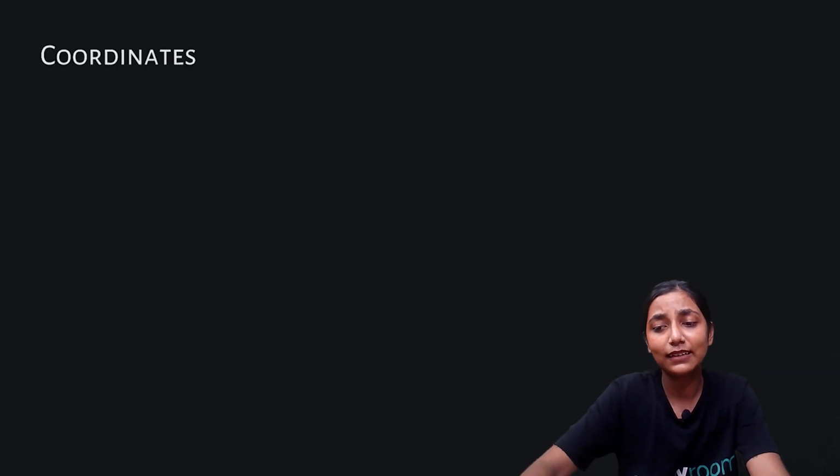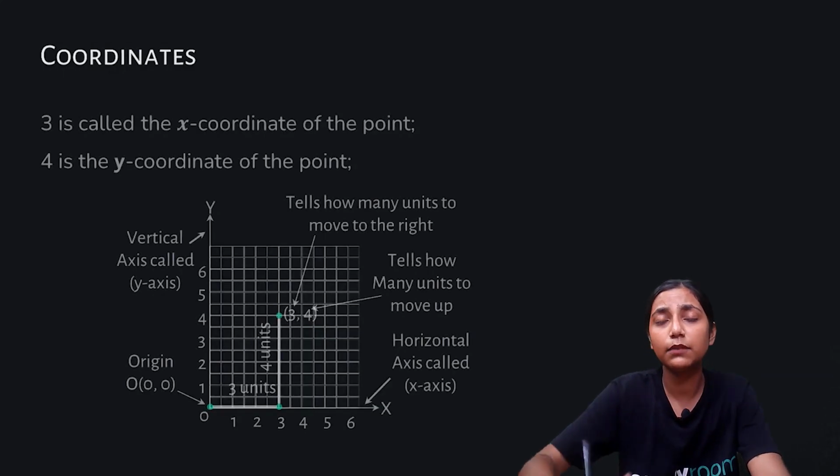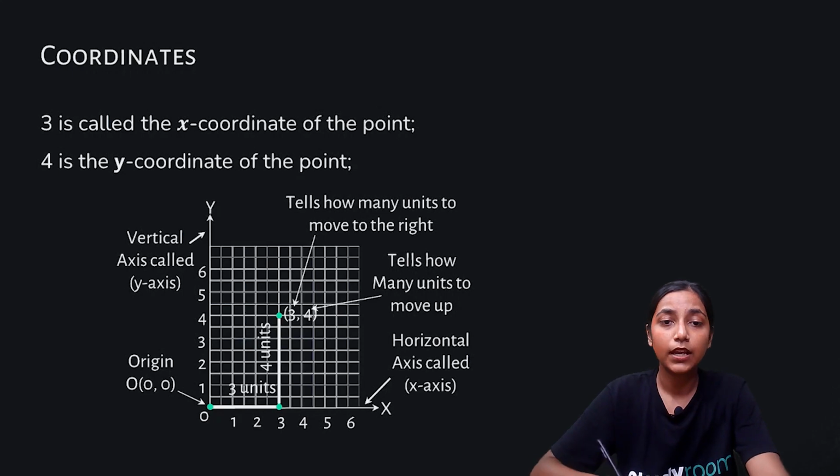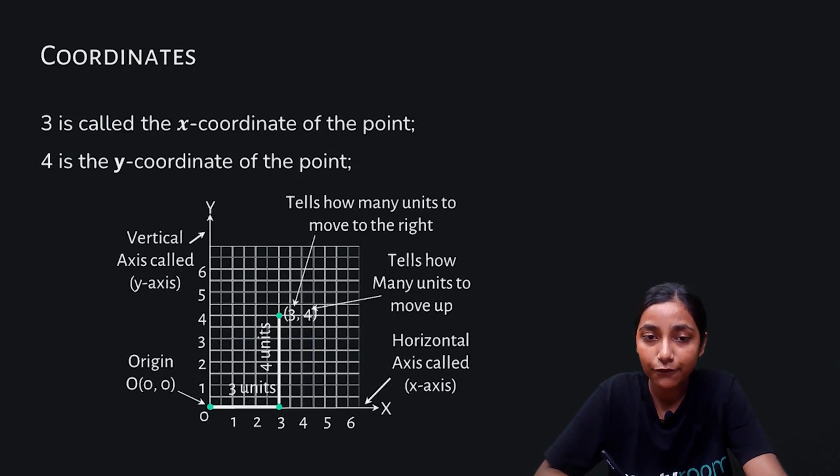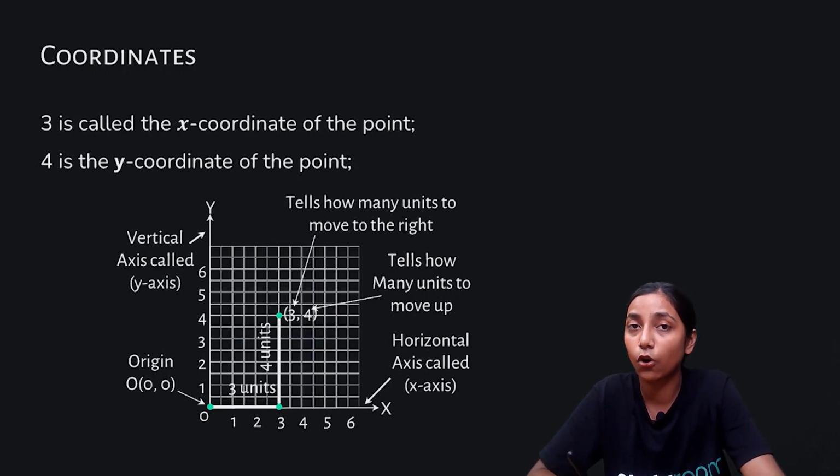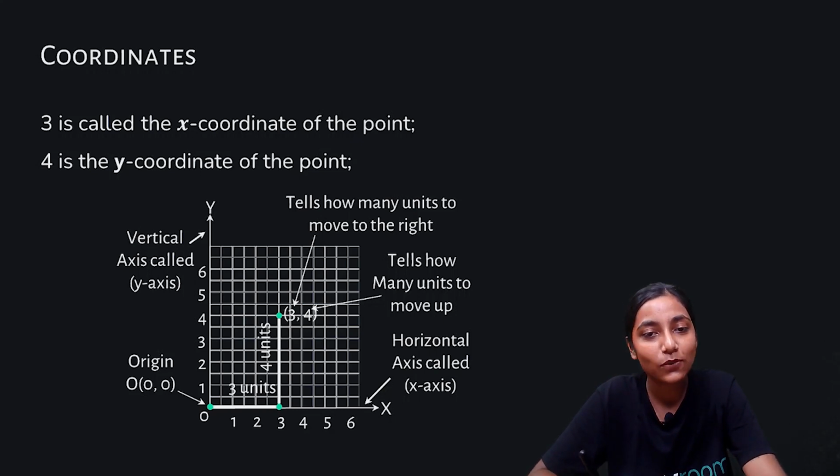Now let's move further and see more about these coordinates. If you see this graph, here we have the x-axis, that is the horizontal axis. You know that the horizontal axis is known as the x-axis, while the y-axis is called the vertical axis.